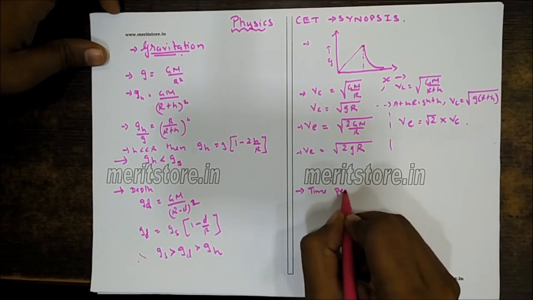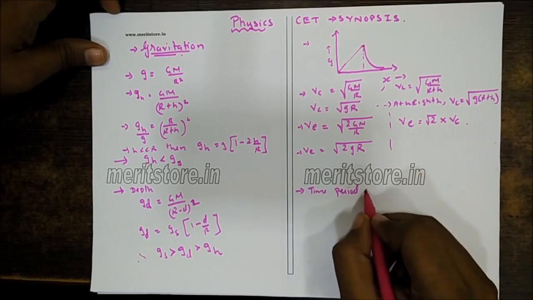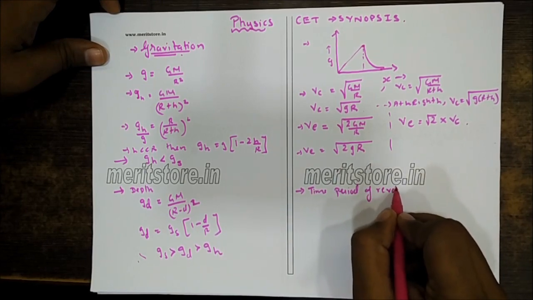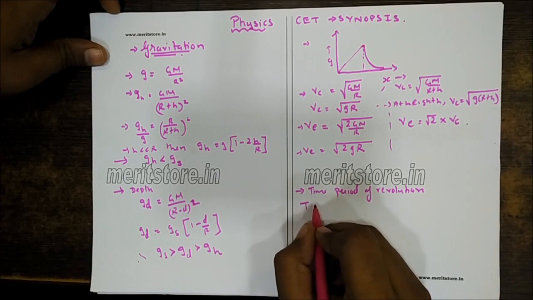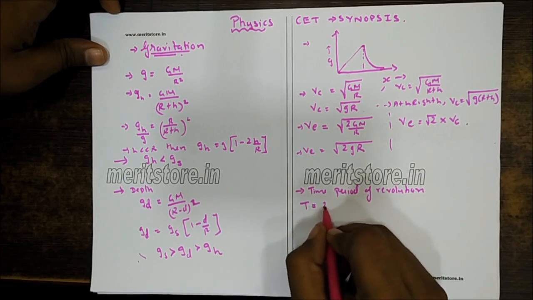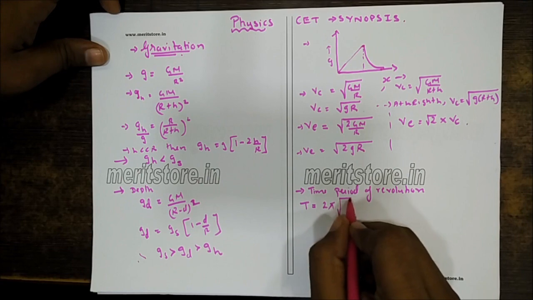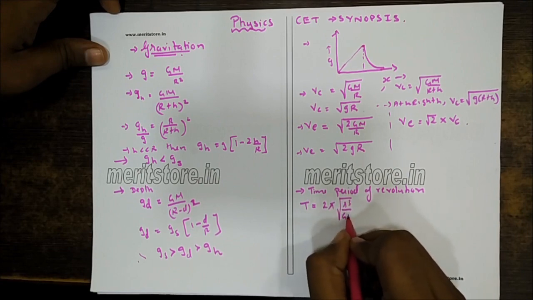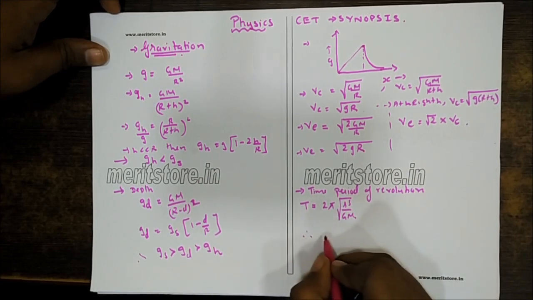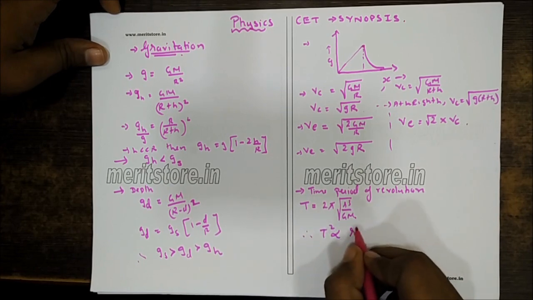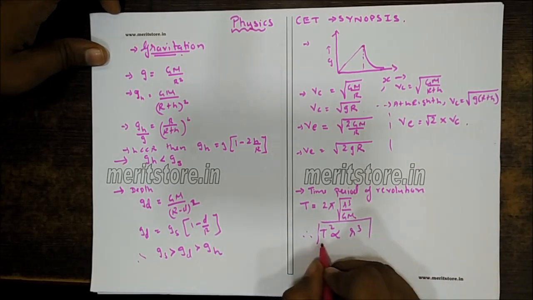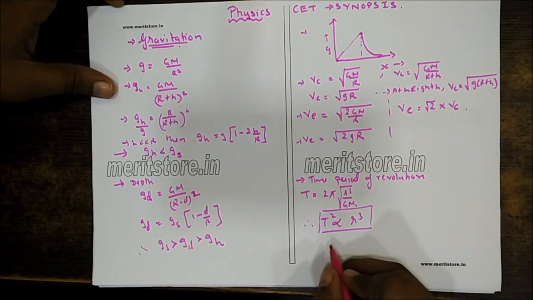Time period of revolution is given as T is equal to 2 pi under root of R cube by GM. Also we have a relation T square is directly proportional to R cube, very important.